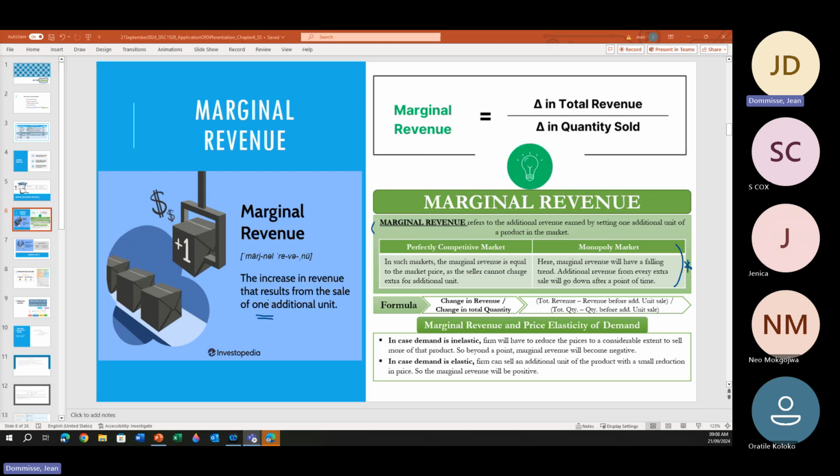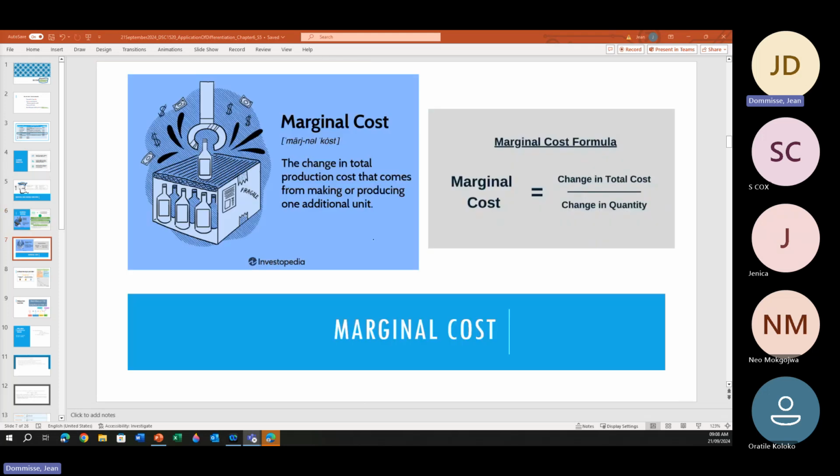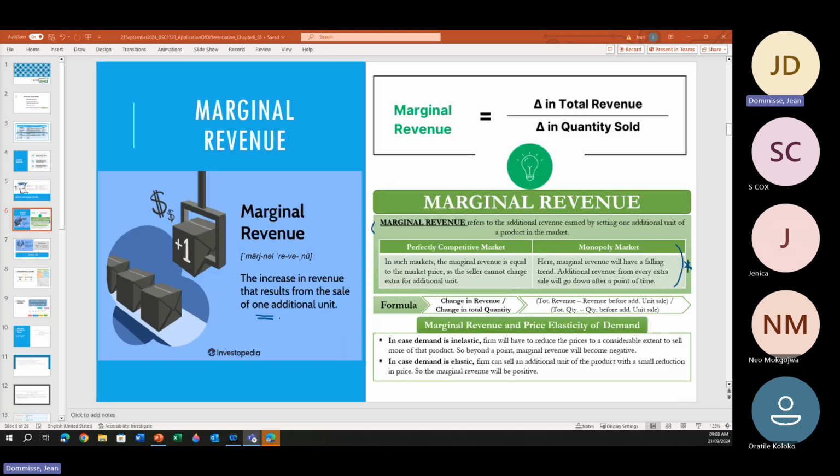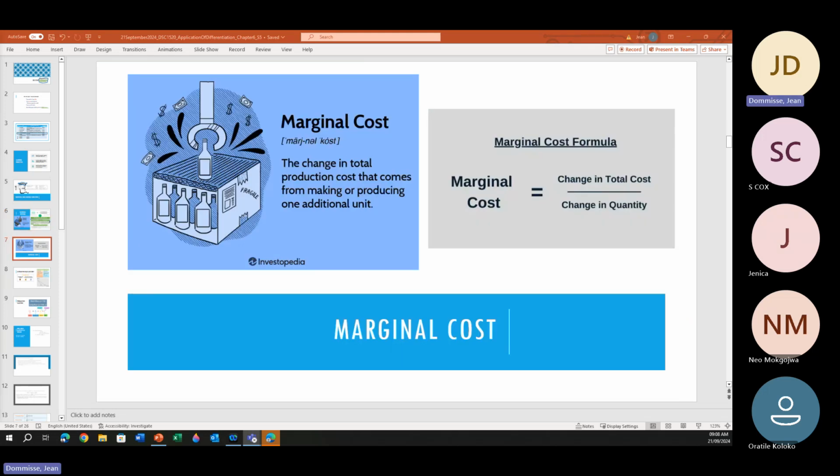So that's nearly why we have a marginal revenue function, is to work out what is that extra cost if you increase production yearly. What will it be? Or what will the revenue be? Then the same for marginal cost.